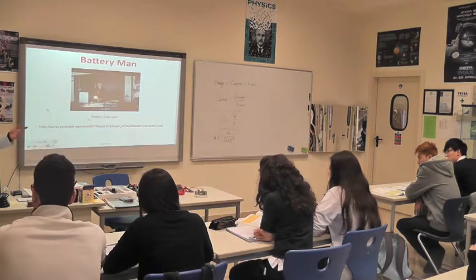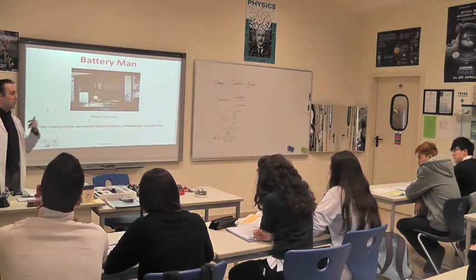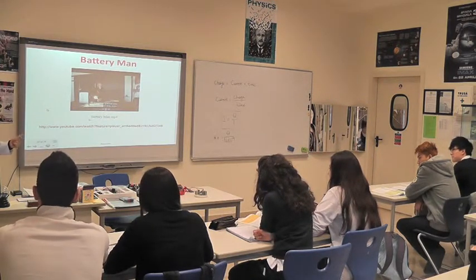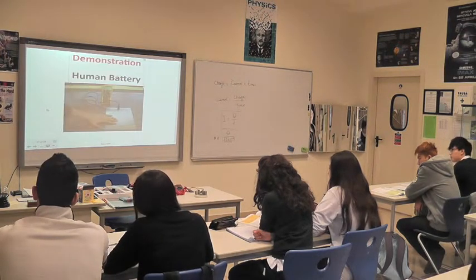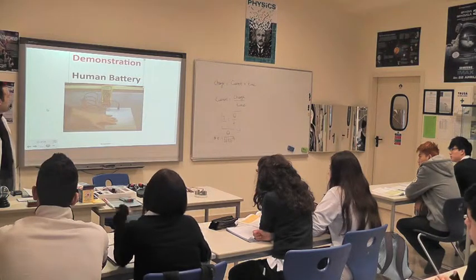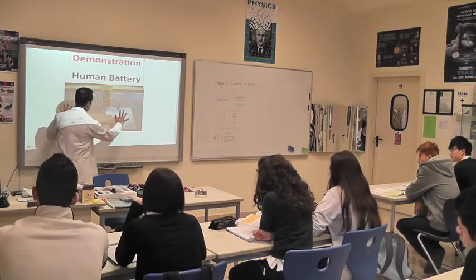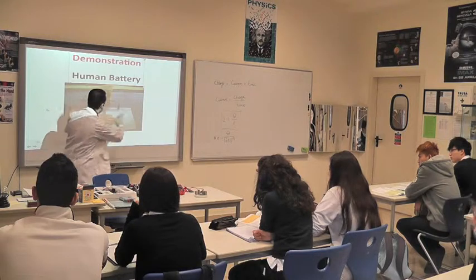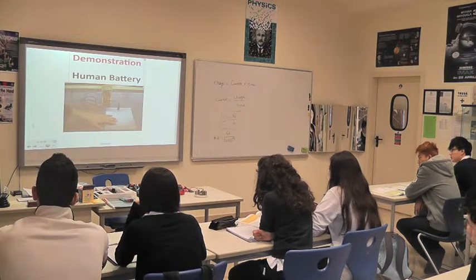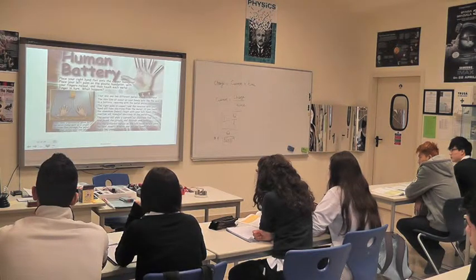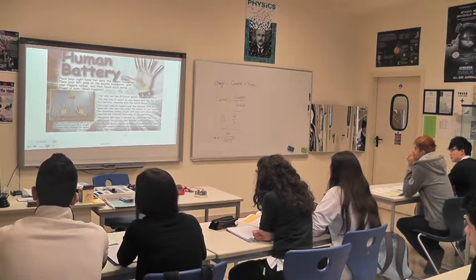Okay, so this is a very good example of potential difference that we have just observed in the human battery. That's called human battery. If we had a larger plate and put all our hands like this, it would maybe be better. Again, this is the explanation of the human battery.